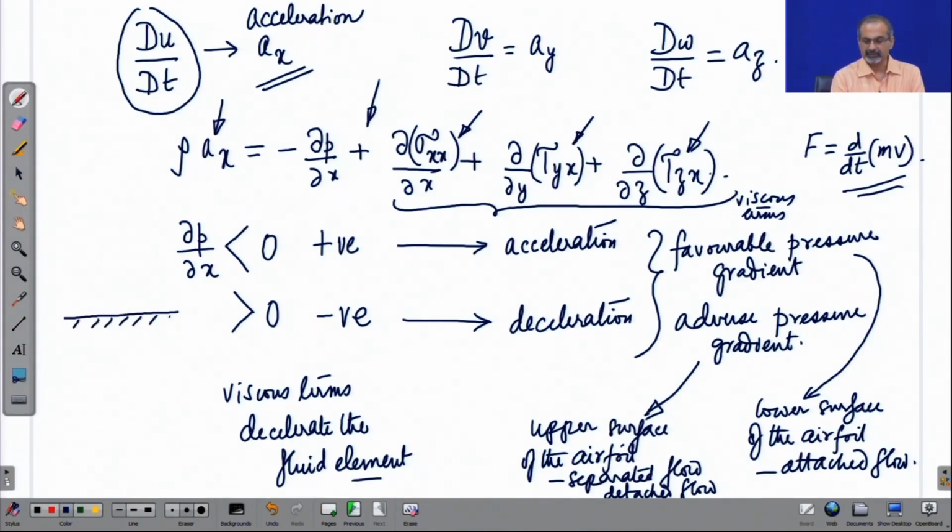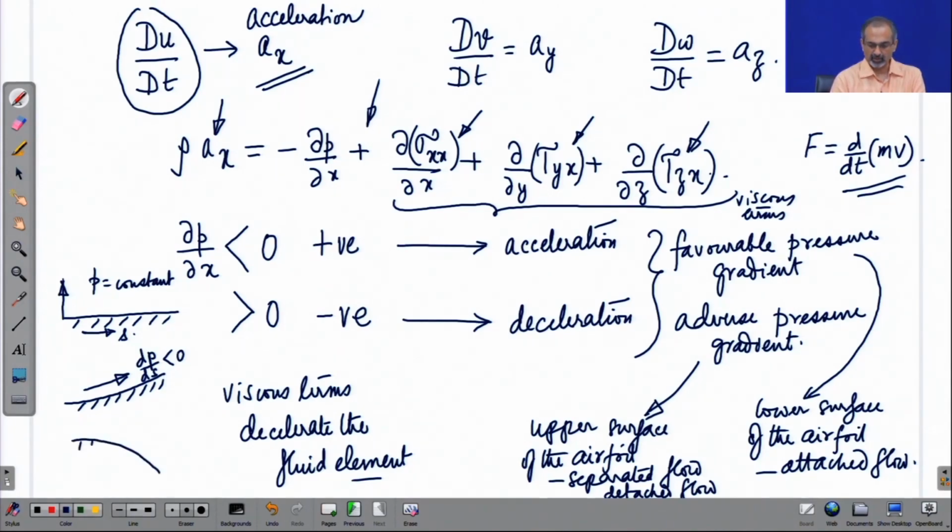If it is a flat surface, that means as you move along the surface, there is no change in geometry. That means the wall does not move into the flow or away from it, the pressure remains constant. While if it slopes up, for low speed flows, a sloping up of the surface would lead to dP ds less than 0, that means a favorable pressure gradient.